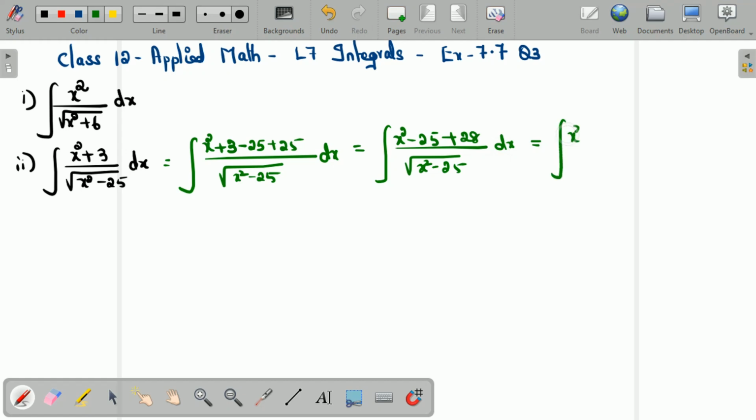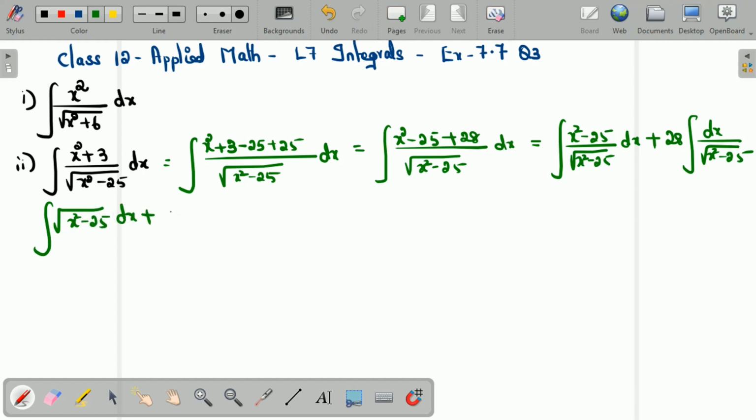So this will become x squared minus 25 divided by root of x squared minus 25 dx, plus 28 into integral dx divided by root of x squared minus 25. So this I can modify as integral of root of x squared minus 25 dx plus 28 into integral dx divided by root of x squared minus 25. Let's look at the formula for the first subdivision.